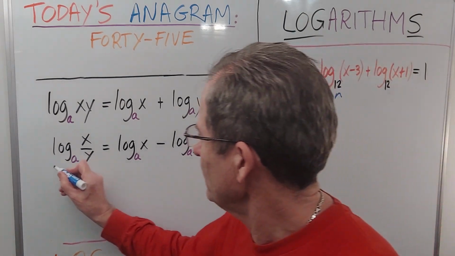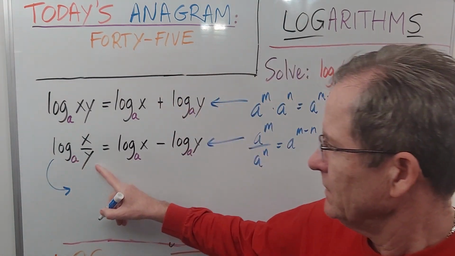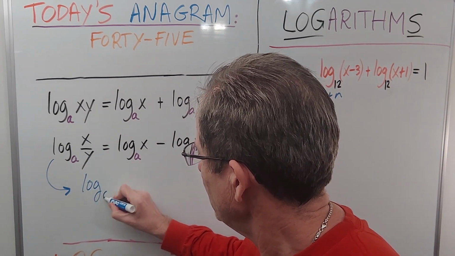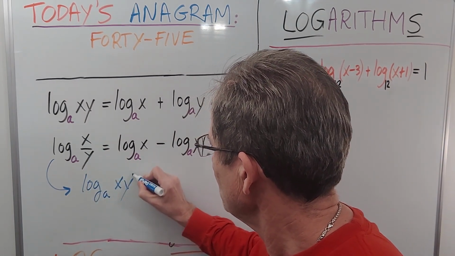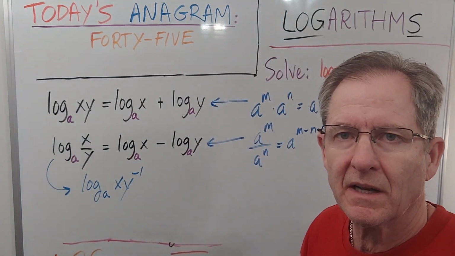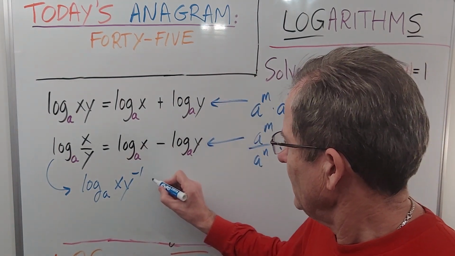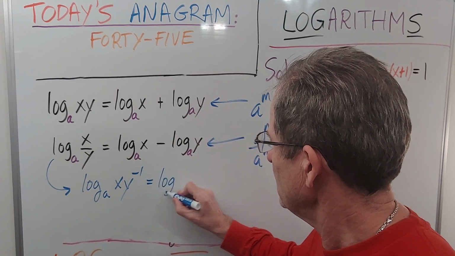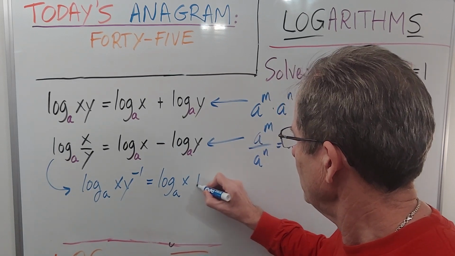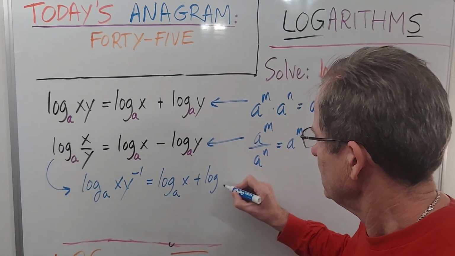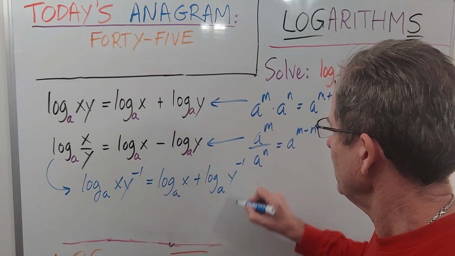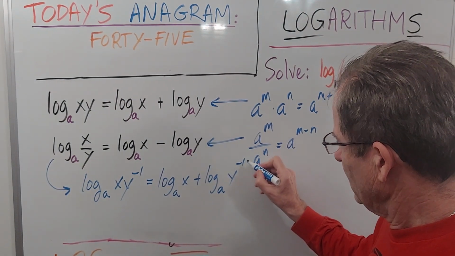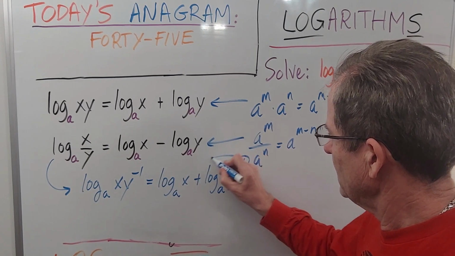Now let's have one more look at this second one. I can change that to the log, the base a of x times y to the negative 1, because y to the negative 1 is 1 over y. And then, if I use the first identity, I get log to the base a of x plus log to the base a of y to the minus 1. But then, if I use the log of a power, you'll remember that the exponent can come to the front.